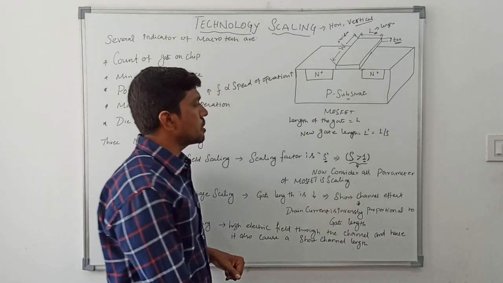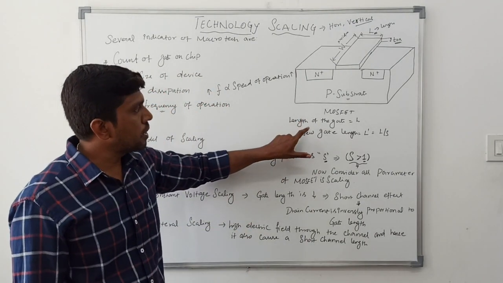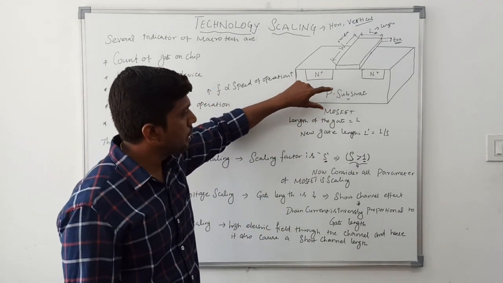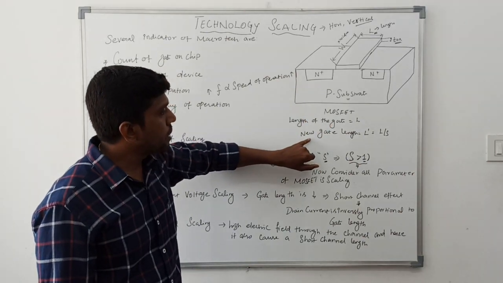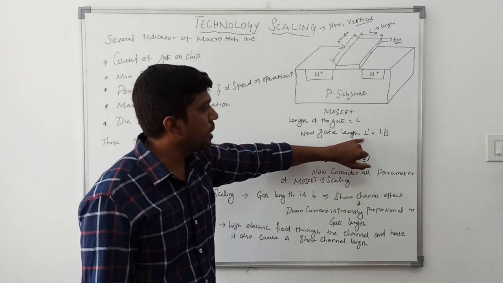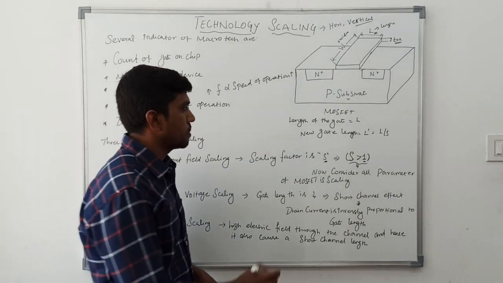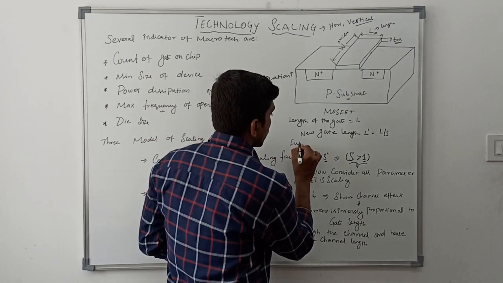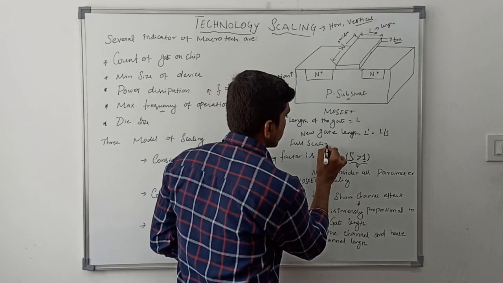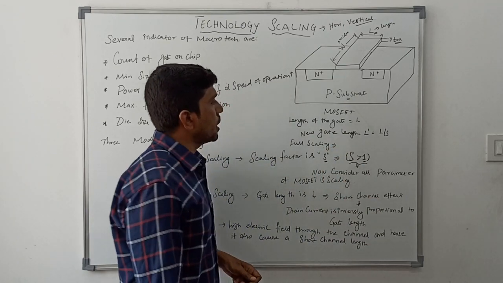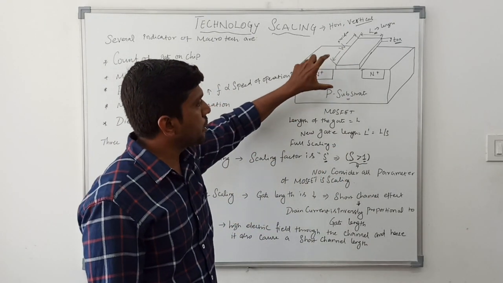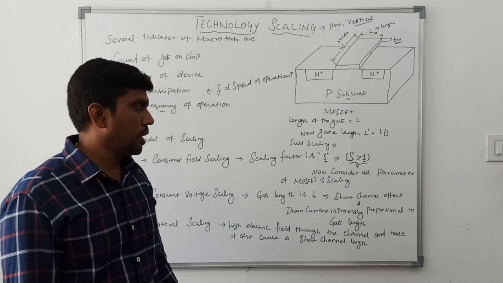So the new gate length is L by S. After scaling all the parameters of the MOSFET, we get the new gate length, L dash equal to L by S. So what is full scaling? Full scaling means all the parameters are scaled.